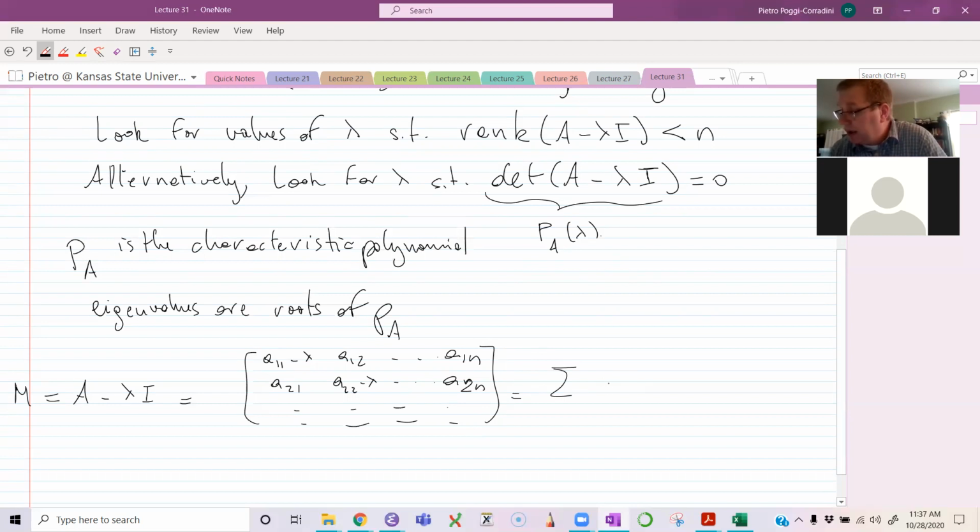So pick a row, sigma j, in each column j, and take a product.